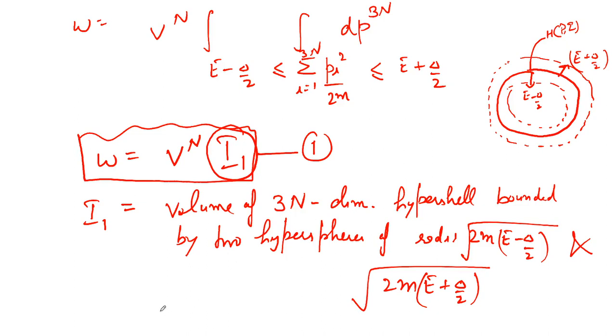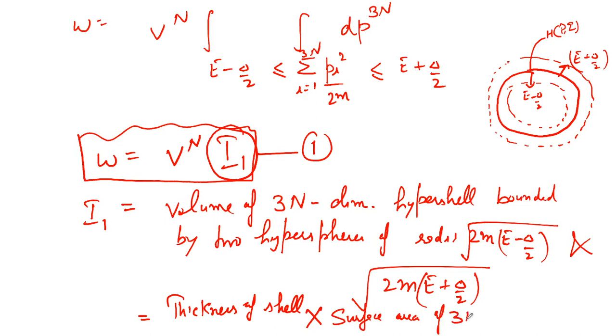So this volume is dependent upon the thickness of the shell multiplied by the surface area of the 3N dimensional hypersphere whose radius is of the order of square root of 2mE.